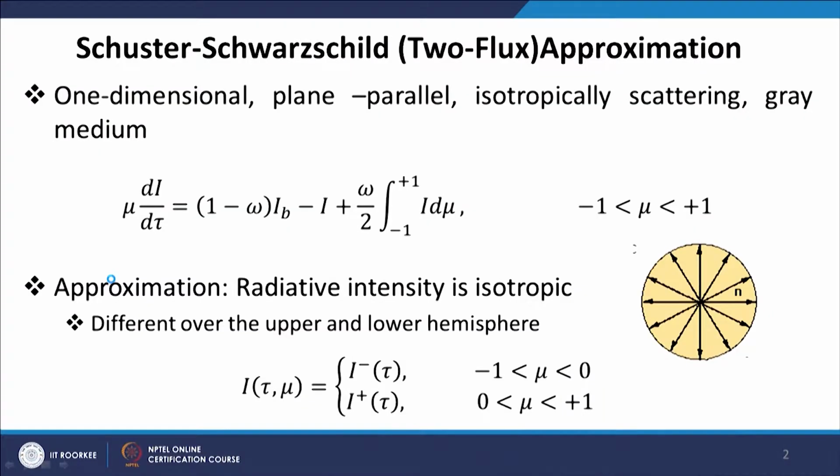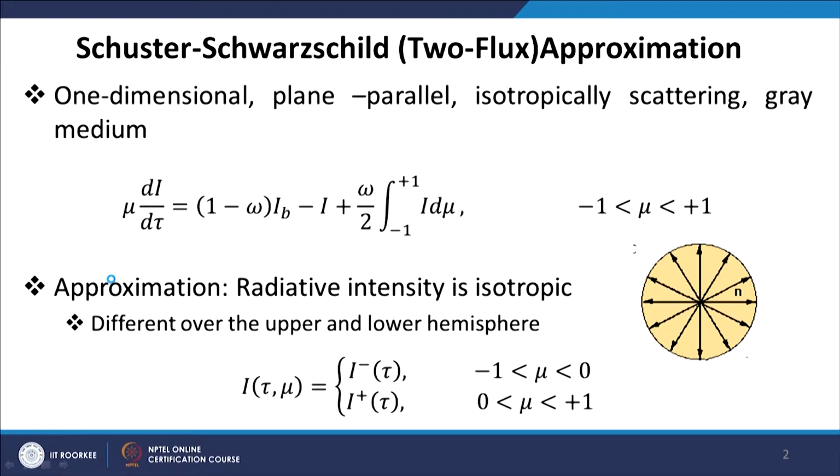The third approximation that we are going to discuss in this lecture is based on the dependence of intensity on direction. So, the radiative transfer equation in a given direction, that means in a single direction, is given by mu times dI by d tau is equal to (1 minus omega) I_b minus I plus omega by 2 integration from minus 1 to 1 of I d mu.